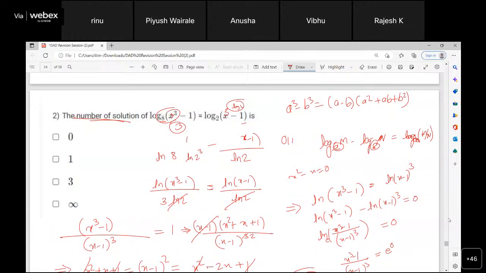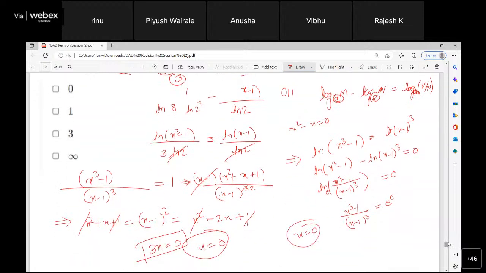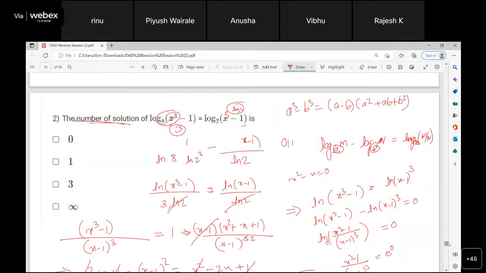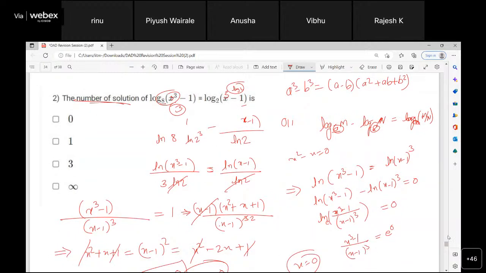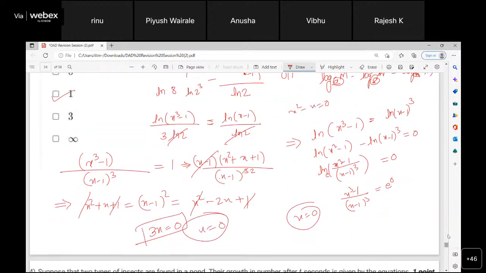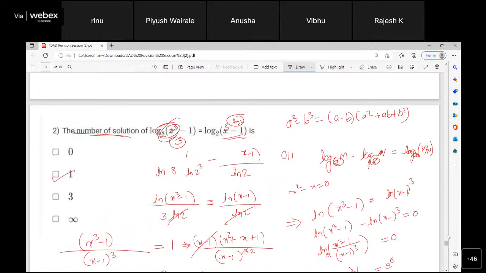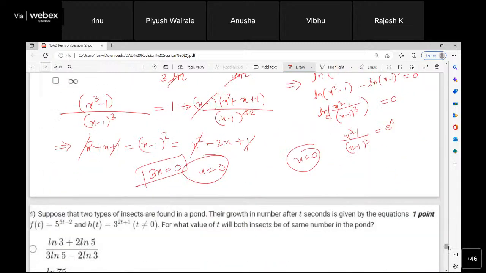Basically, try from the back. The answer is 1 here, because 3 is getting satisfied, right? Yes. For 0 it will not satisfy because it is a negative number.